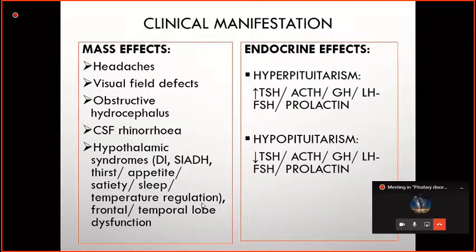Lack of ADH. Lack of ADH. So how does that relate to the hypothalamus? It's a neurohormone from the hypothalamus. Neurohormone. Okay, so it is produced in the nucleus in the hypothalamus, and it is stored in the posterior pituitary, your ADH.